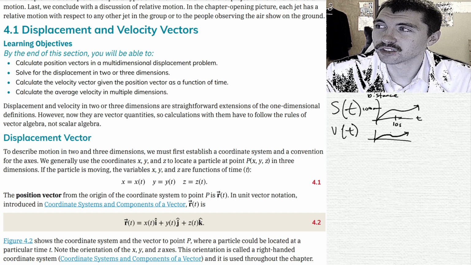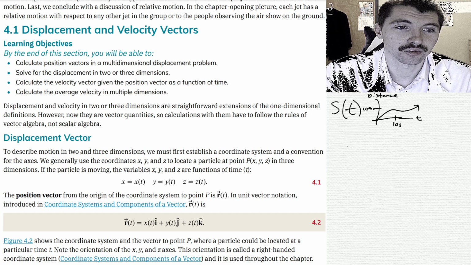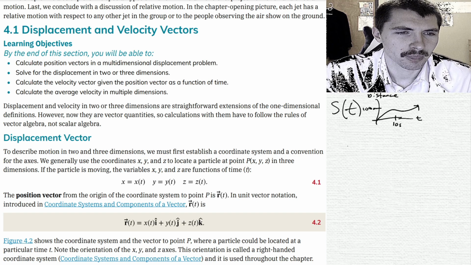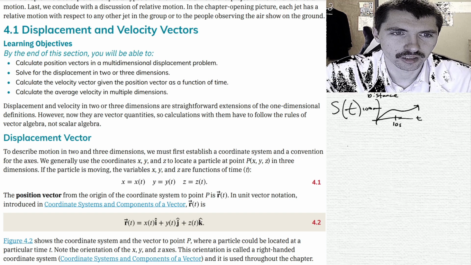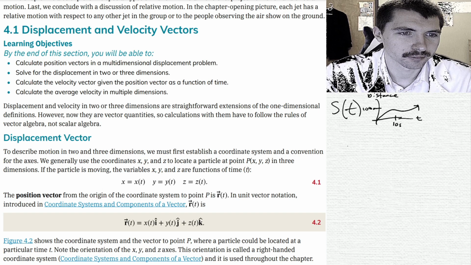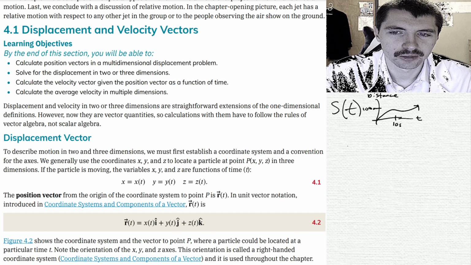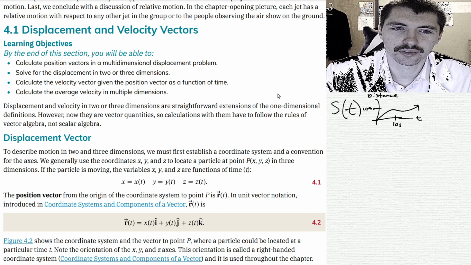I don't have the best intuition for graphing these, but I know it's a good skill to have. I wish I was better at it. You get better as you do it, basically. So displacement and velocity are straightforward extensions, so that's a relief. We have different rules: we have to follow vector algebra instead of scalar algebra.